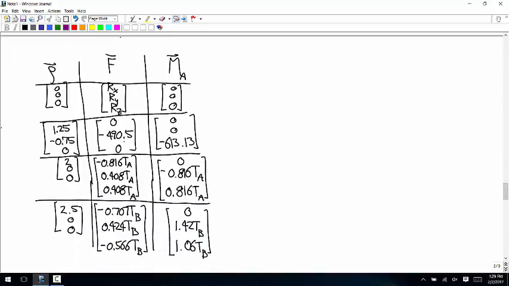Okay, so now Newton's second law just comes from the force column. We're just going to add all those up, set them equal to 0.